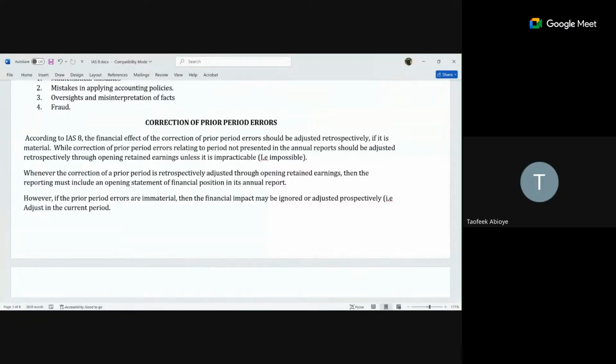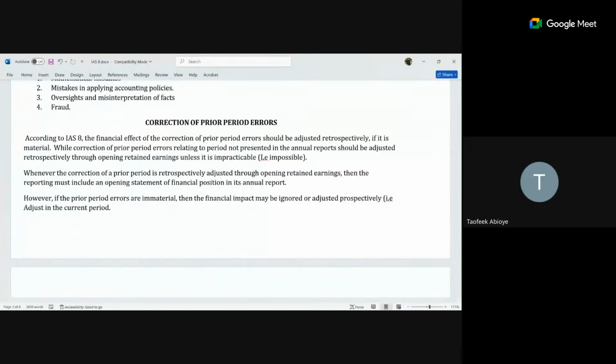What they are saying here is that maybe you have prepared the previous year's financial statements, they have been audited, and they have passed through the necessary presentation. However, now we realize that mistake. The mistake we made in that previous accounting year, we should recognize by using it to adjust the previous year's retained earnings.